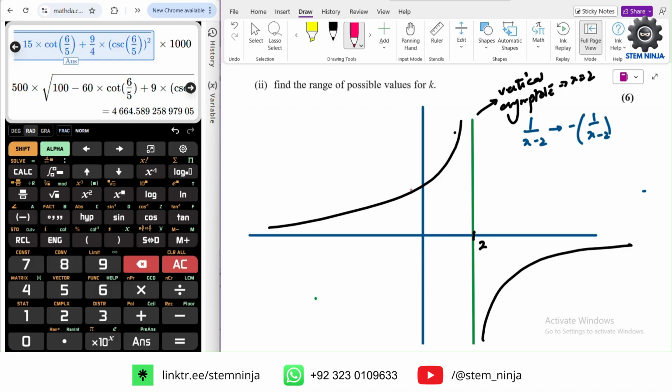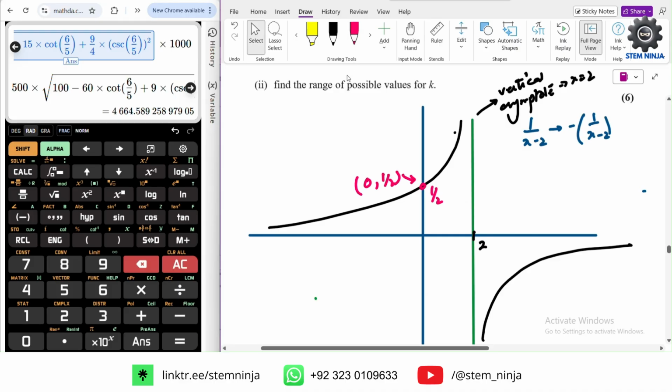And we also need this one, which is x equal to 0, so 1 over 2 basically. So 0, 1 over 2 is your y-intercept. This is your y-axis, this is your x-axis.